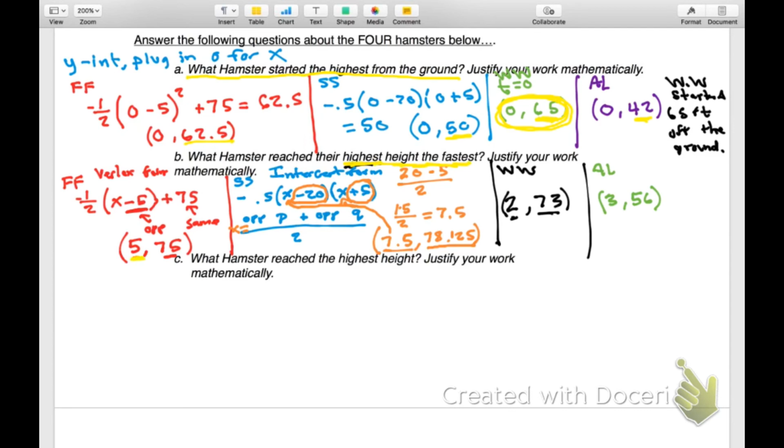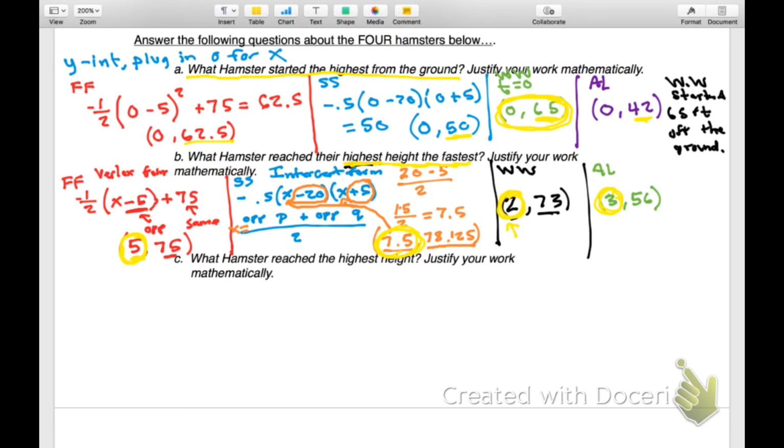Looking at the Flying Fuzzball, it took him 5 seconds. The Squeaking Scorcher took 7.5 seconds to reach his maximum height. The Wiggling Wonder took 2 seconds, so far that's the least, and Al took 3 seconds.